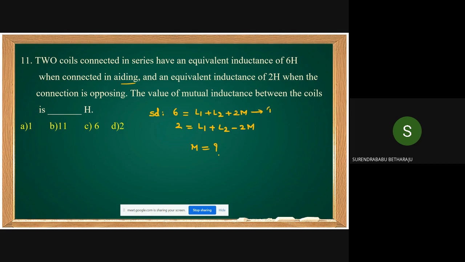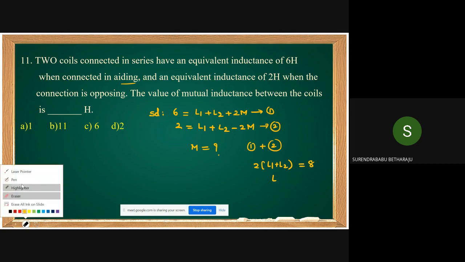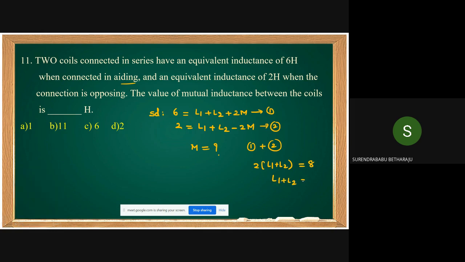Let this be equation 1, this be equation 2. Add 1 plus 2: 2 into L1 plus L2 is equal to 8. What is L1 plus L2? L1 plus L2 equals 4.